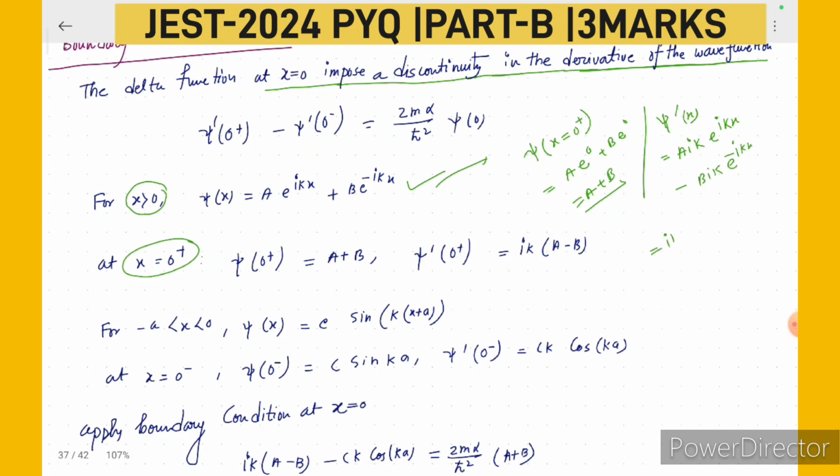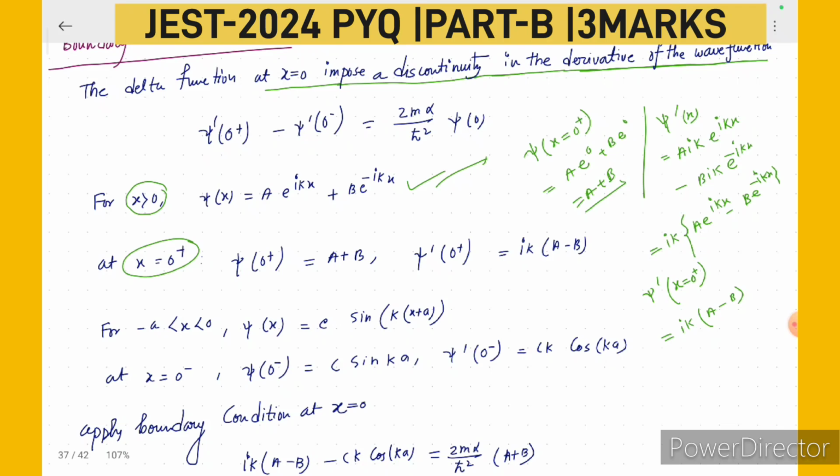So ik is common: ik times A e to the power ikx minus B e to the power minus ikx. The first order derivative at x equals 0 plus is ik times (A minus B).